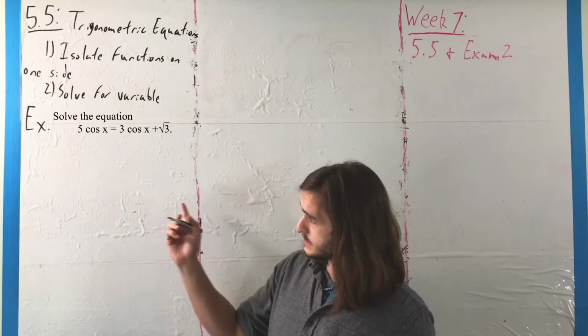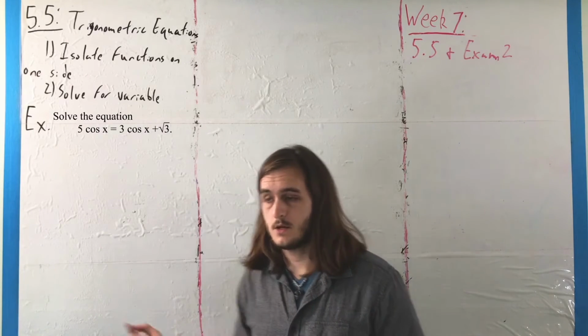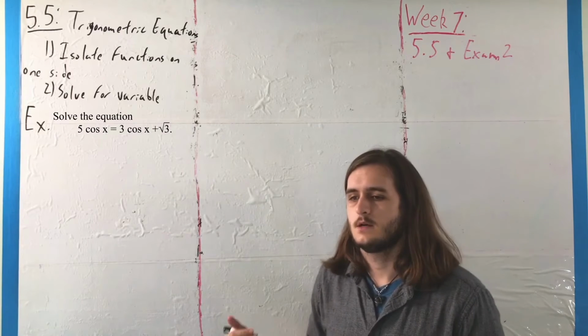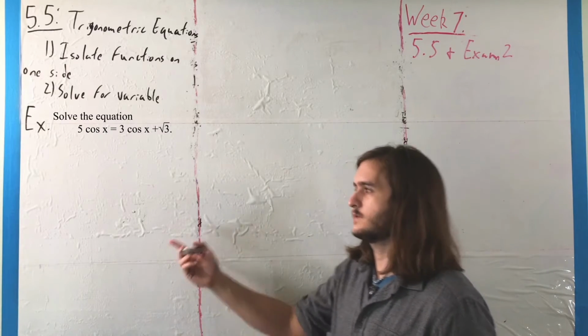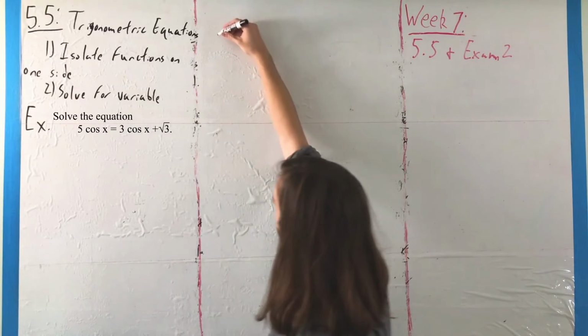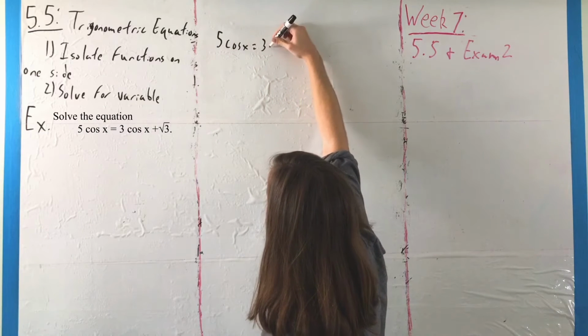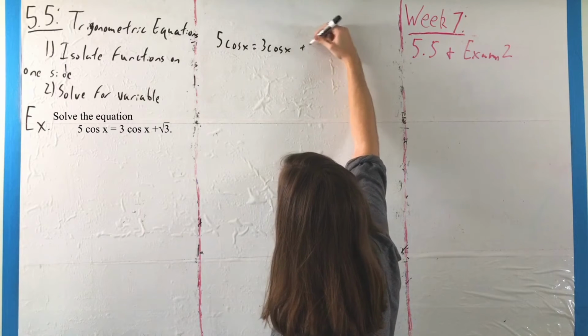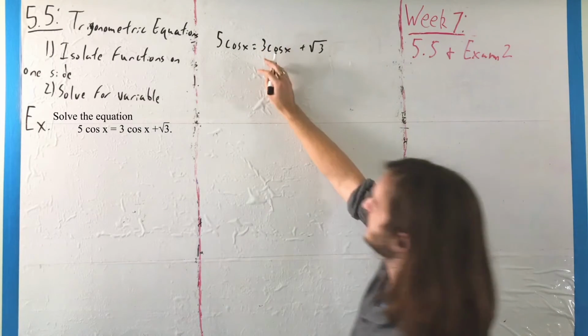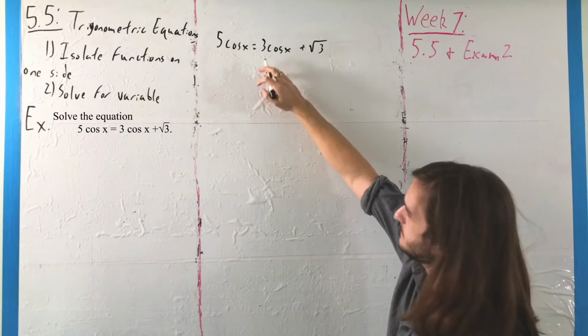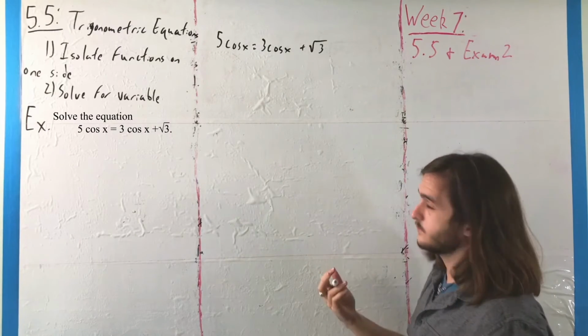For our first example, we want to solve the equation 5 cosine x equals 3 cosine x plus root 3. So with this, what we want to do is take our terms here and just isolate the cosines. We're going to get all of the cosines on one side by subtracting 3 cosine x from each side.